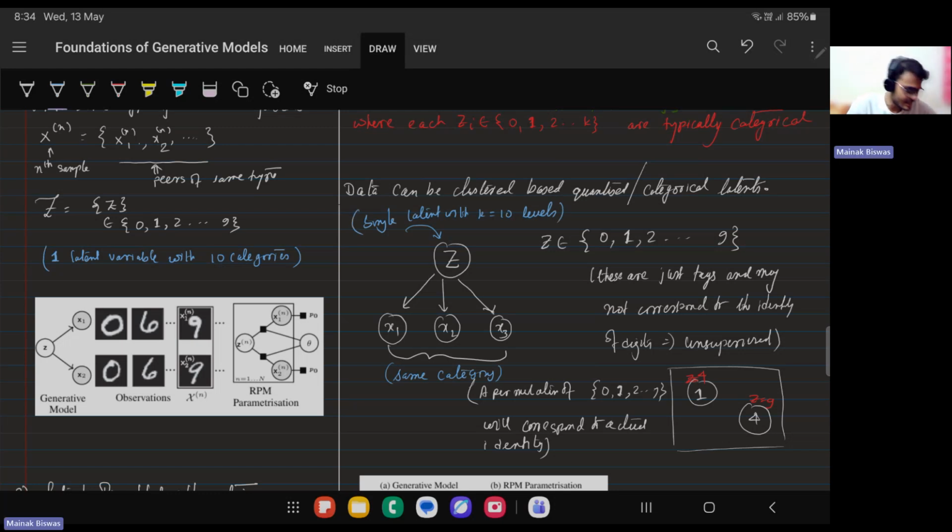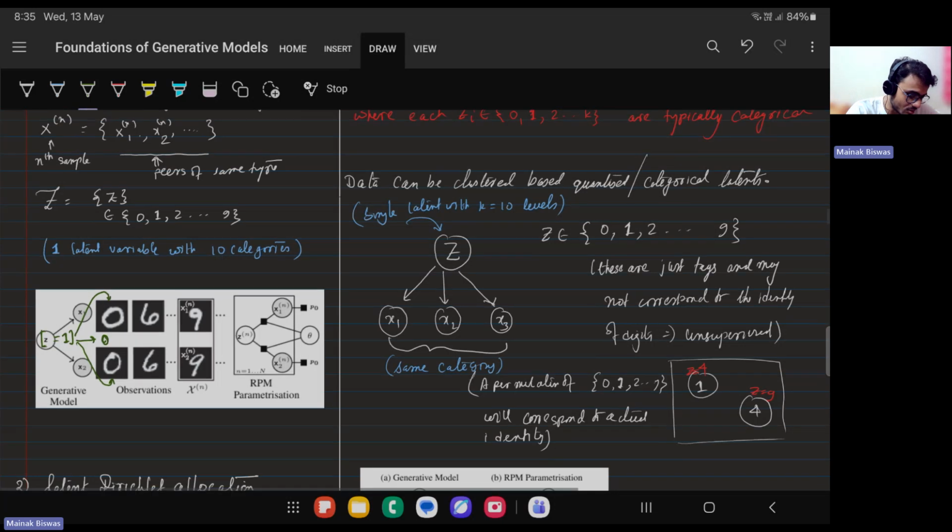If z equal to 1 maps to the digit 0, it just means you are generating all the types of zeros from that data. So it is able to cluster all the zeros together, ones together, and so on. This one latent is going to give you the idea of all the Z. So this is the graphical model.